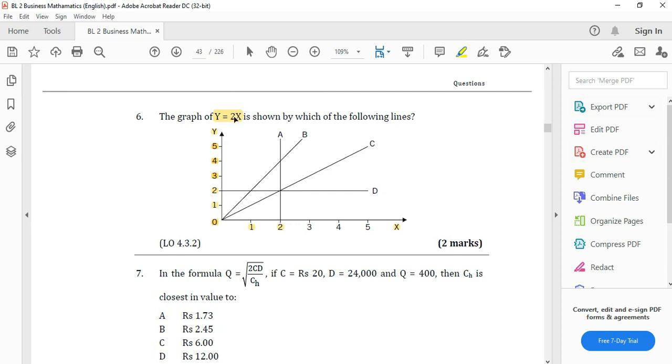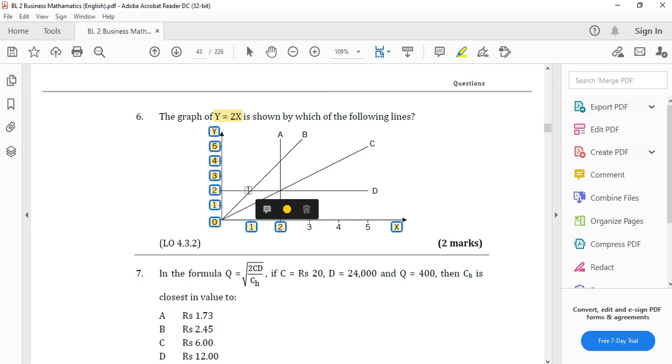If you substitute 1 to this equation, you get y equals 2. At 1, y is equal to 2. It's correct as per the line B, isn't it? Because y's 2 is here, and as you see the cursor, x's 1 is here. So it intersects here, right?